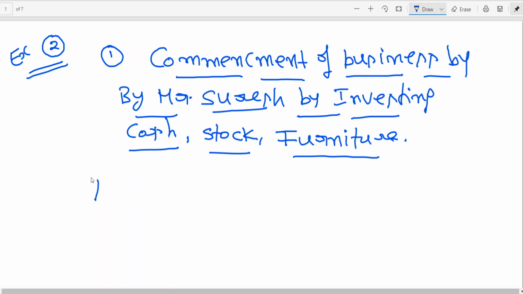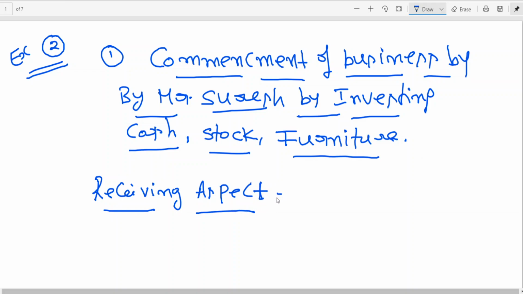So here I am writing the receiving aspect. I told you we should write the entries in the books of business. So receiving aspect: what are they receiving? Business is receiving cash. Business is receiving stock.